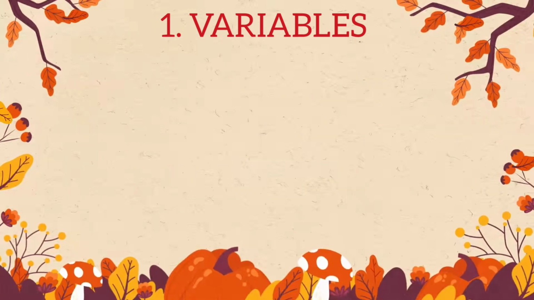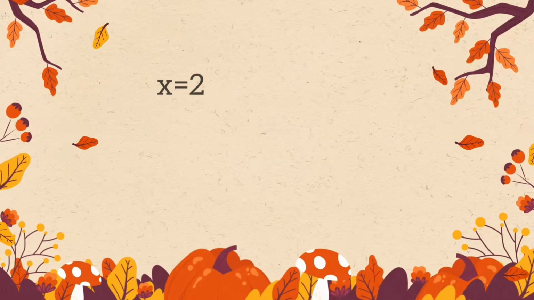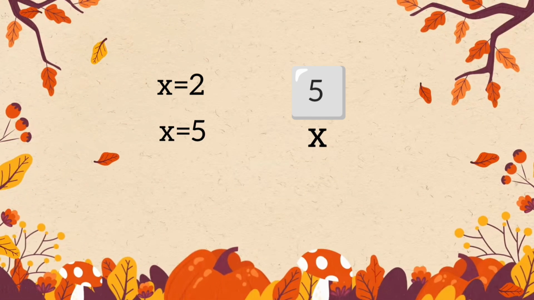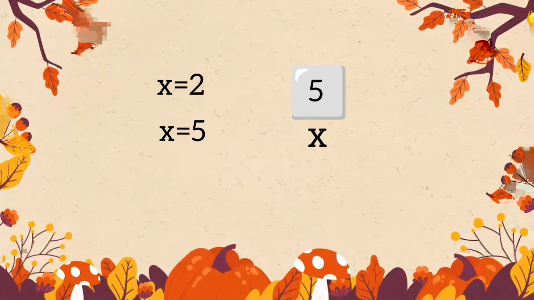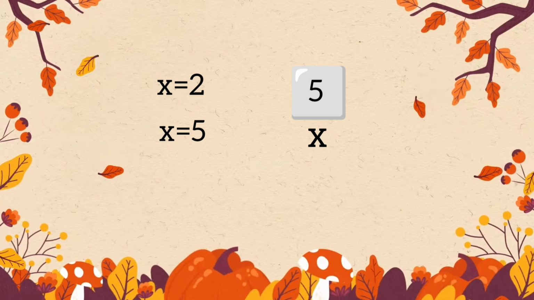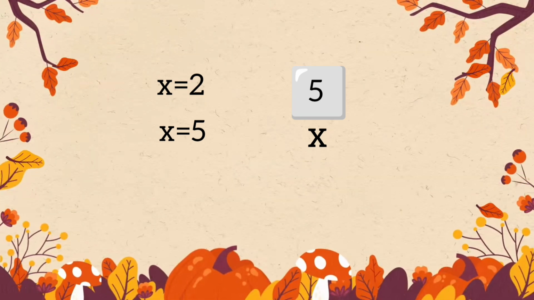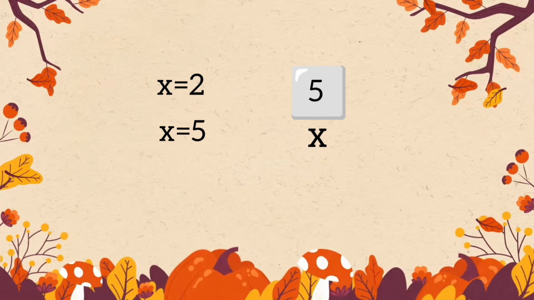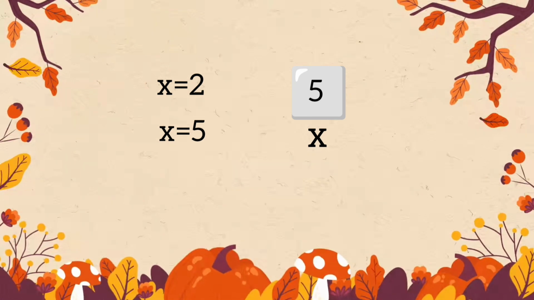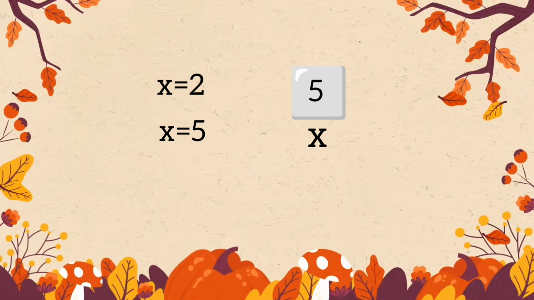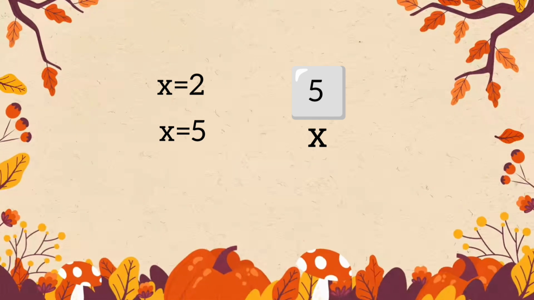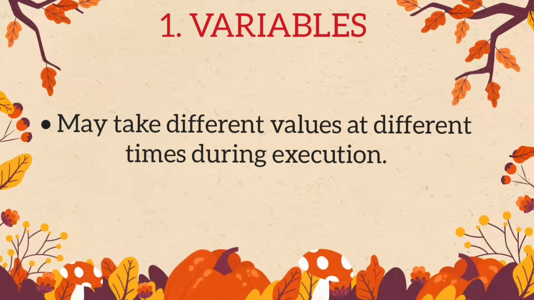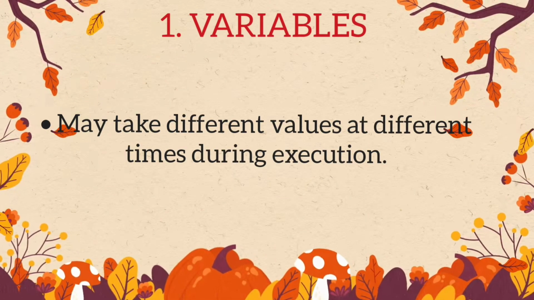Suppose you wrote in a program x equal to 2, then in the next line x equal to 5, and when you ask it to print x using %d as we have already discussed earlier, the value will be printed as 5, not 2. Why is that? Because in the next line you have written x equal to 5, so the value 2 is replaced by 5. So the variable can take different values at different times.